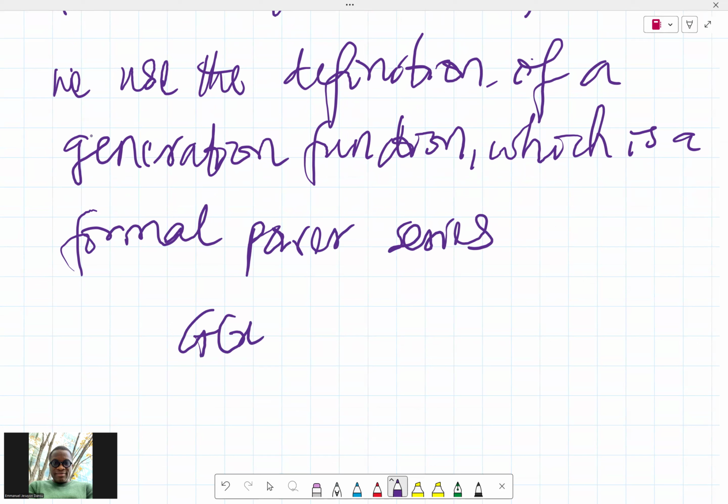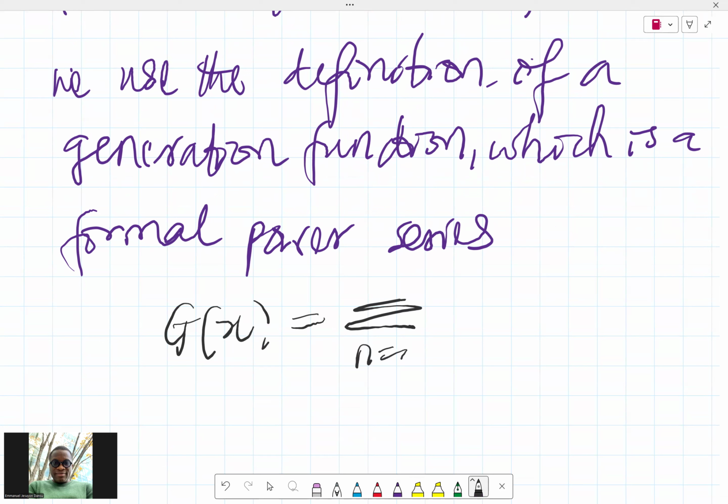G of x equals the summation from n equals 0 to infinity of a_n x raised to power n. So that's the formula.